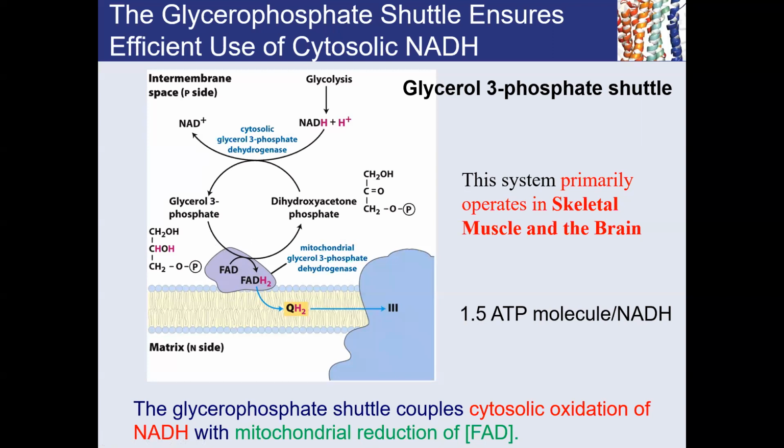And so what it will do is take glycerol 3-phosphate and oxidize it using FAD, thereby generating FADH2 and back to dihydroxyacetone phosphate. Dihydroxyacetone phosphate then can go on and bring another equivalent of NADH this way. This cycle can keep on going infinitely if needed.